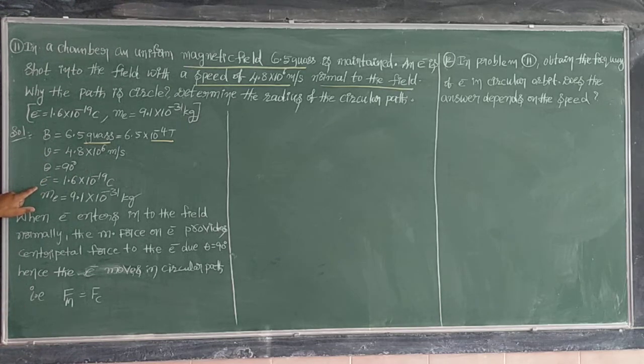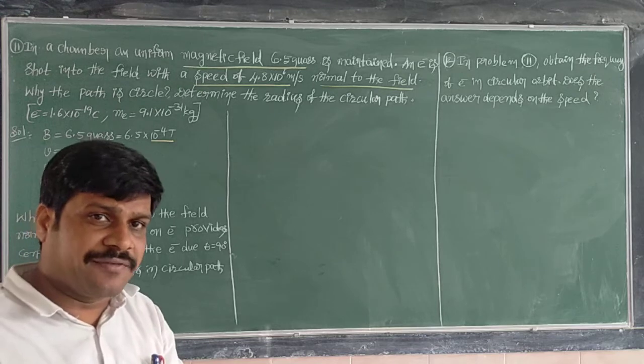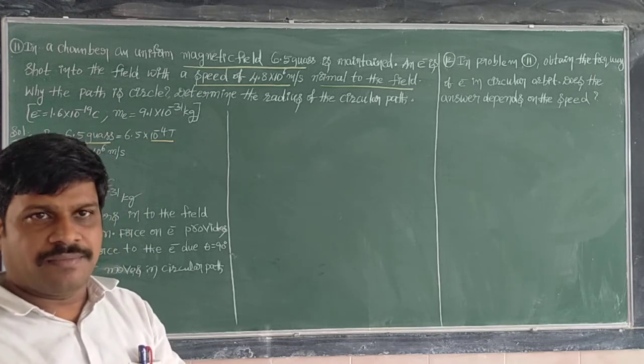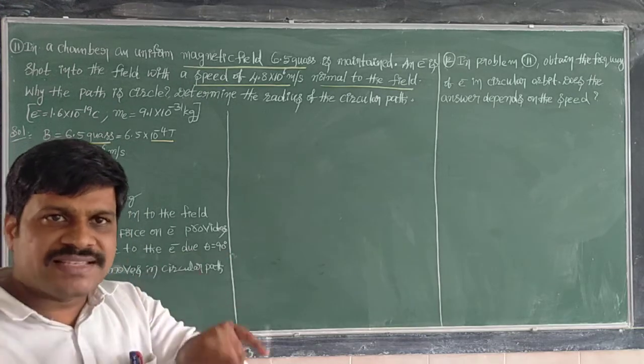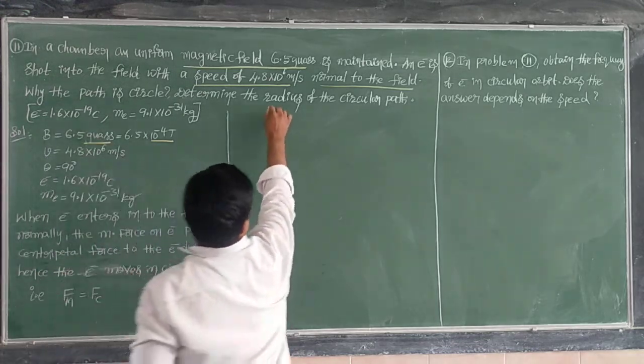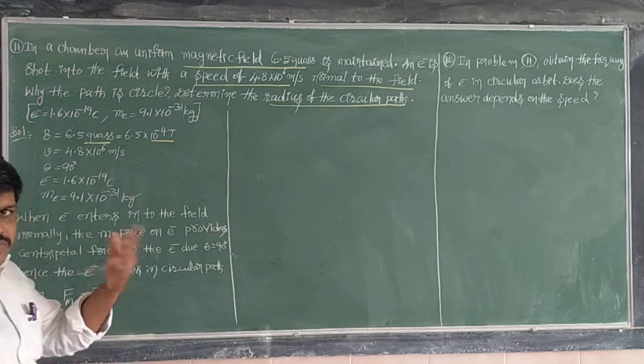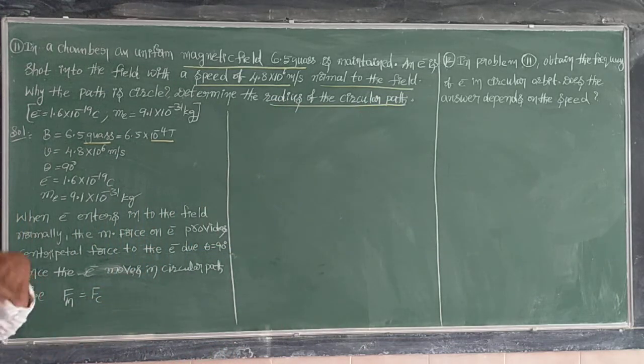Charge of electron and mass of electron are known. What is being asked is, when a charged particle enters the magnetic field normally, why does it undergo a circular path? And second, determine the radius of the circular path. That is what we have to find out.